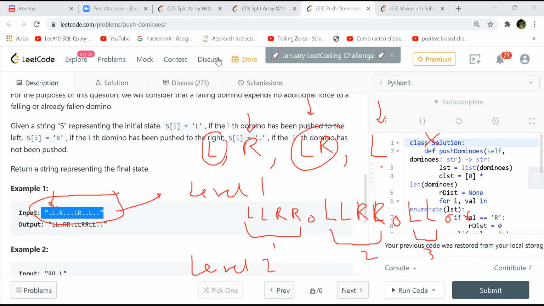I think R has to come here, so it should be here instead of there. It should be one dot. So right should fall on this side.